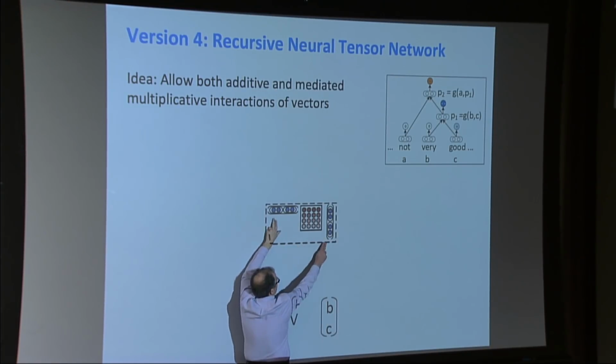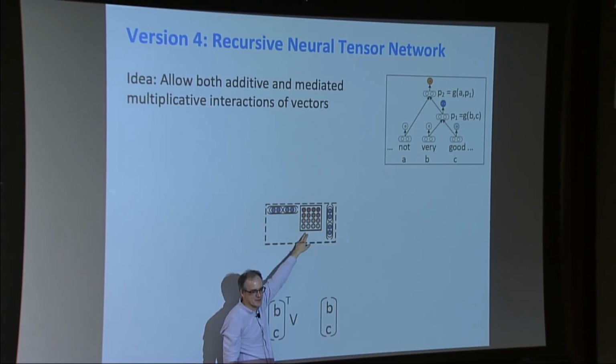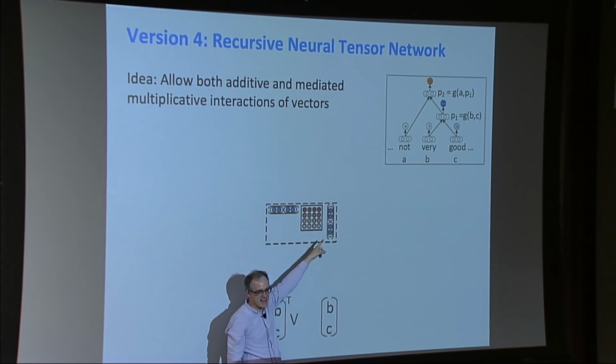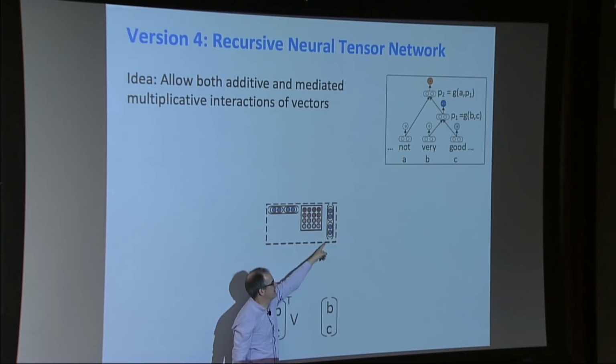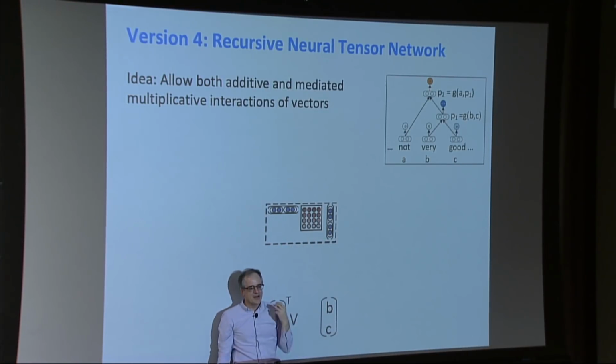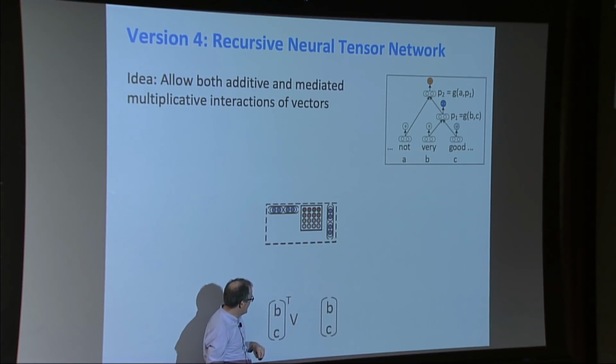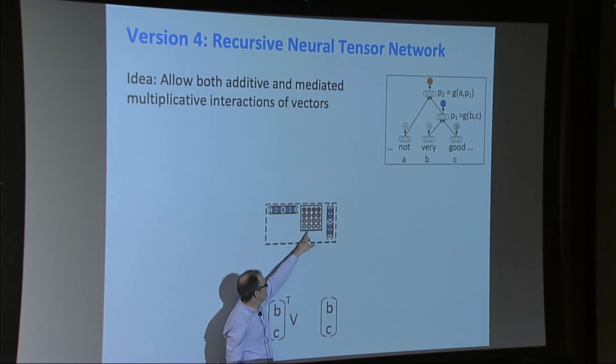We had vectors for two words, we stuck a matrix in between, and we used that to give an attention score out. That let these two vectors interact with each other, but it only produced one number as the output. But there's a way to fix that, which is to say, rather than having a matrix here, what we could stick here is a three-dimensional cube, which physicists and deep learning people now call a tensor, right?